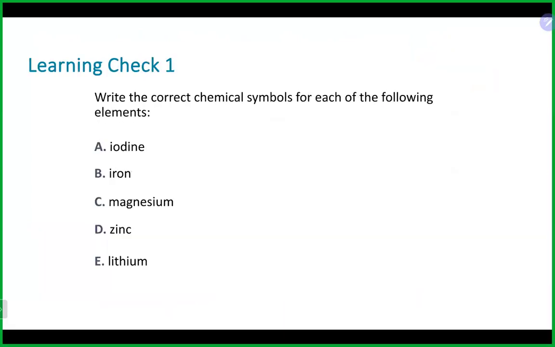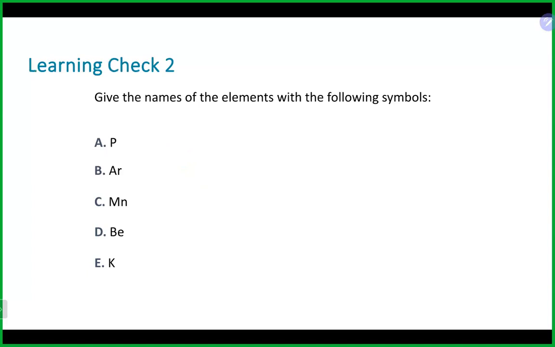All right, so correct formulas here. Iodine is... yeah. Iron is Fe. Magnesium is Mg, again, capital M, lowercase g. Zinc is Zn, and lithium is Li, yeah. They agree. And P is phosphorus, yeah, so P is phosphorus here.